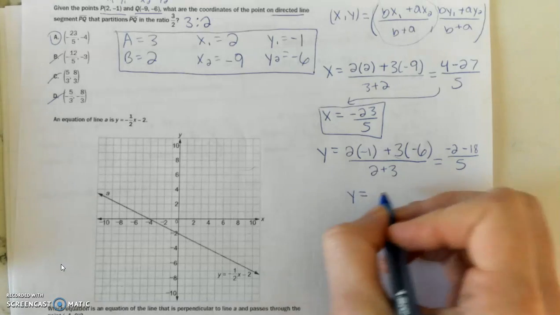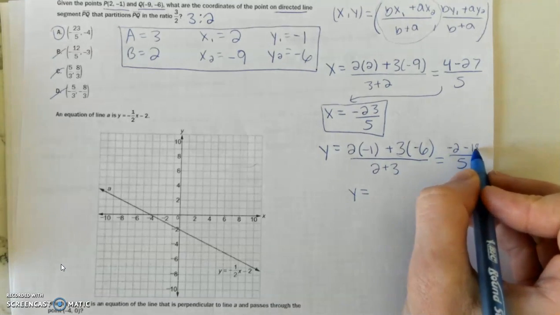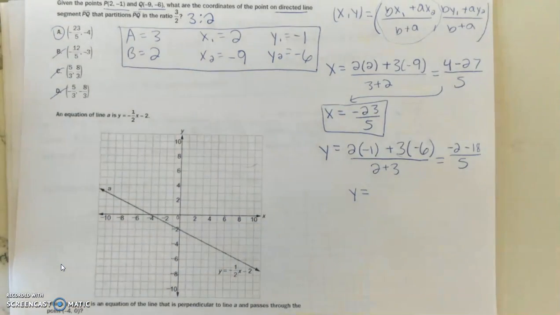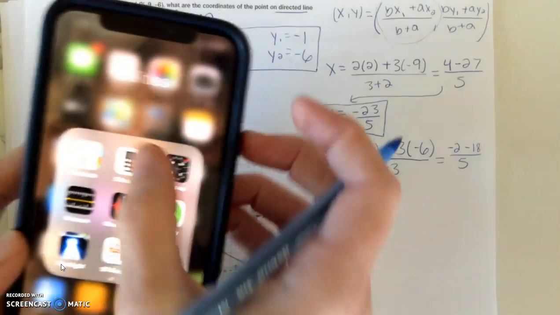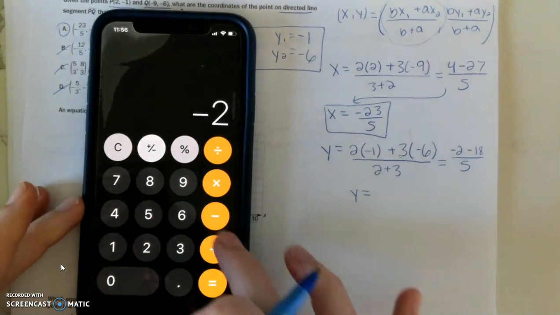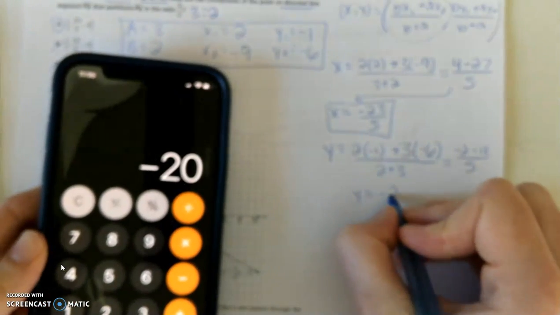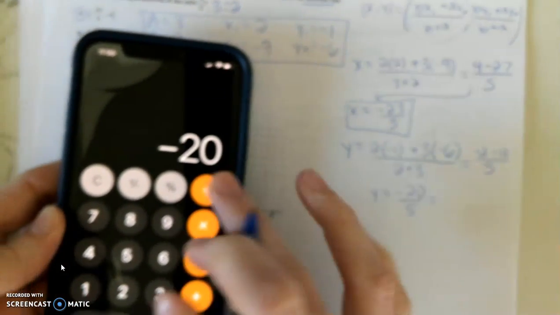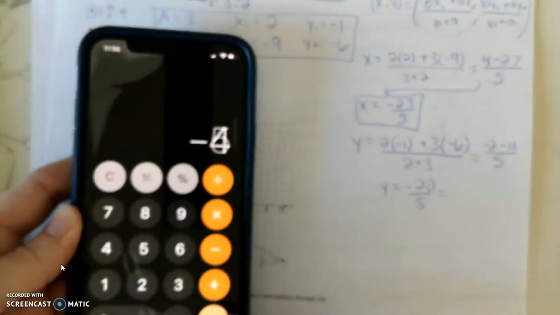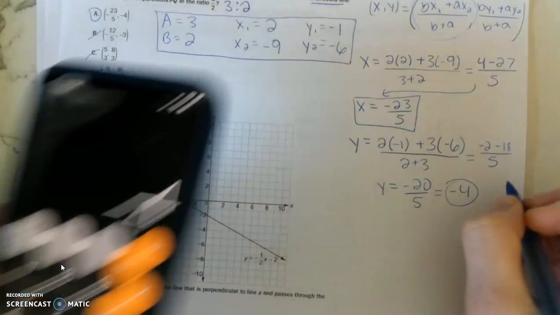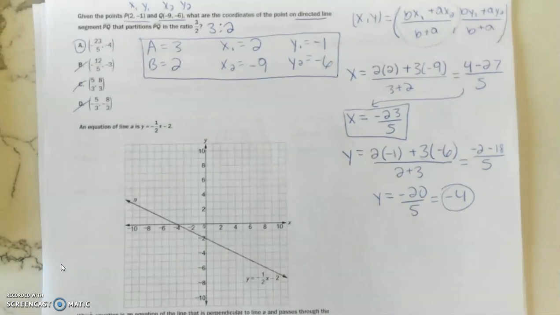Our last step is to do -2 minus 18, which you can do in your calculator on your phone, and you get -20. So -20 divided by 5 is going to give me -4, which is A.